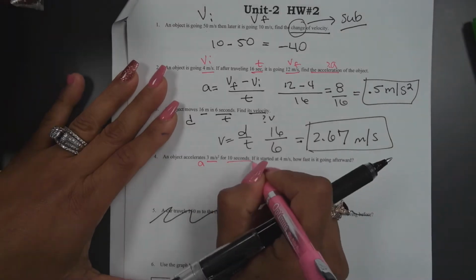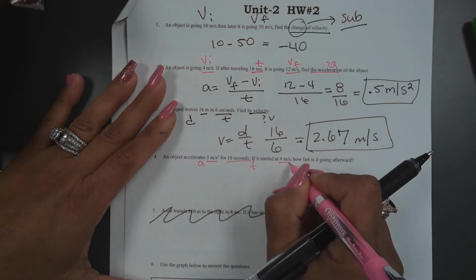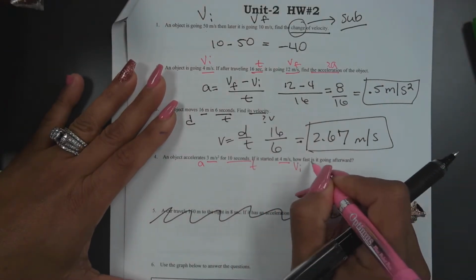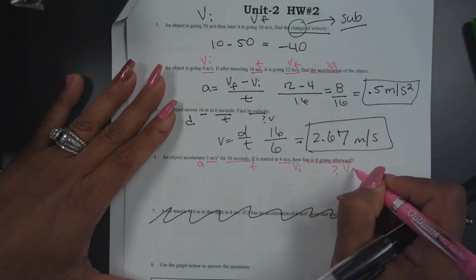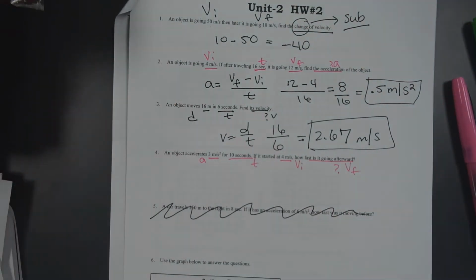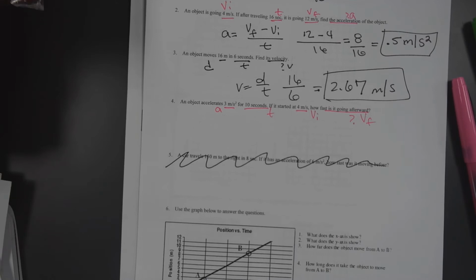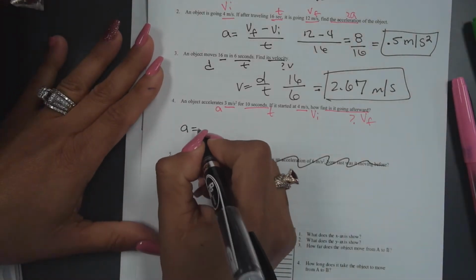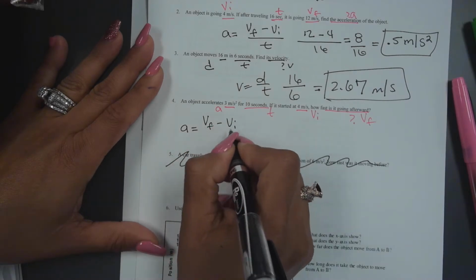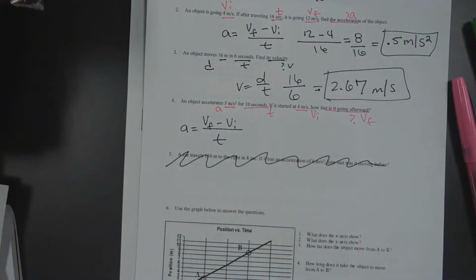For 10 seconds, if it starts at 4 meters per second, VI, how fast, VF, is it going afterwards? This question probably started to really mess some of us up because you were probably trying to do A equals VF minus VI over T, which I agree is the correct equation. But if you did not algebraically solve it correctly and do all the steps, then you got it wrong.